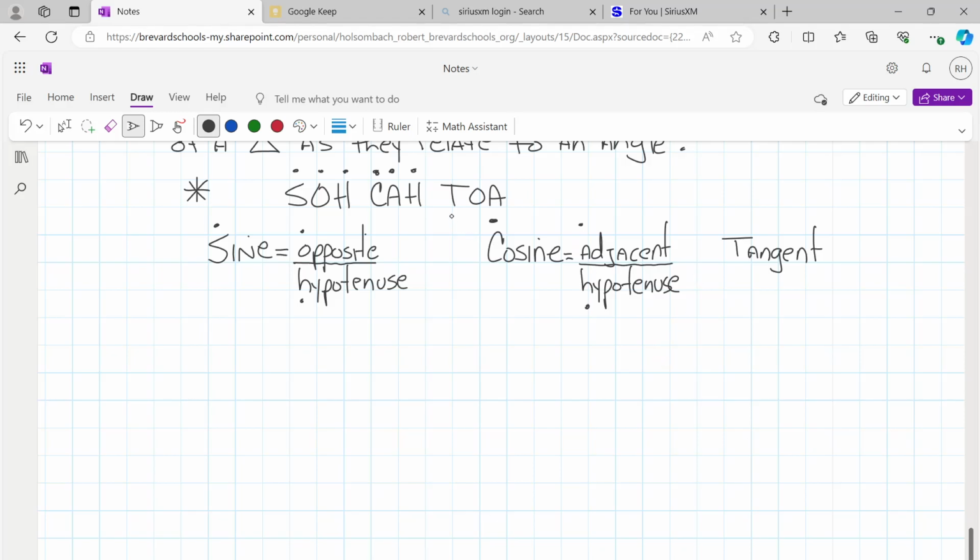And then finally, TOA, the T corresponds to the T in tangent, equals the opposite side over the adjacent side.